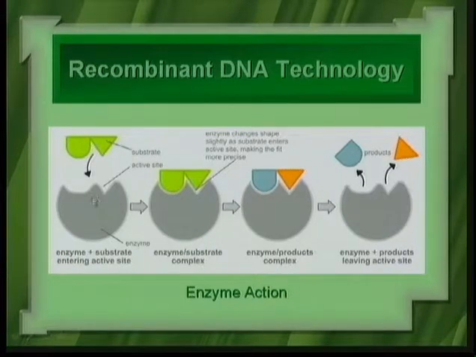So the 3-dimensional structure of an enzyme actually determines its function because it has these binding sites, these active sites on the particular enzyme. And you have the substrate and the enzyme fitting together. You have something called induced fit. What happens is that the enzyme will actually change shape a little bit so that the substrate can fit into it snugly.